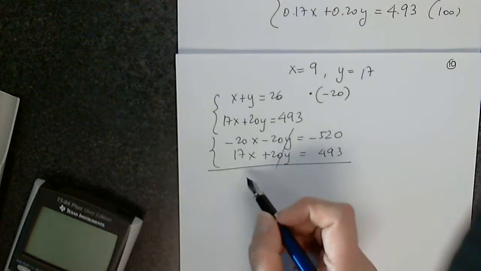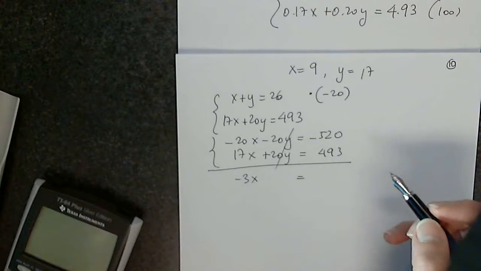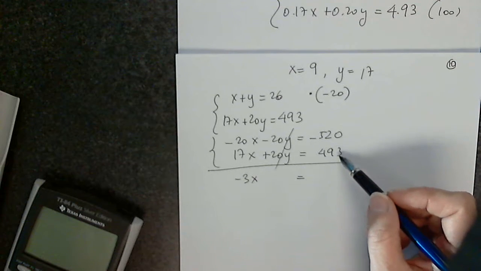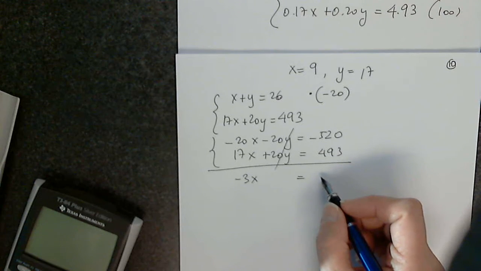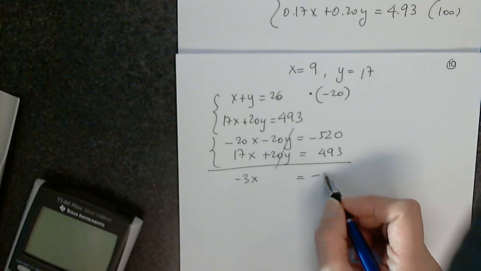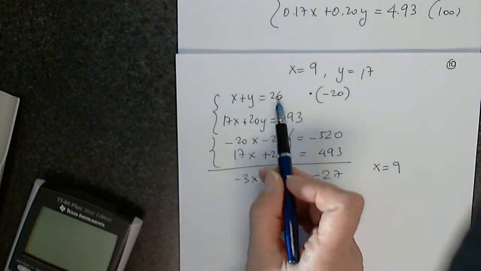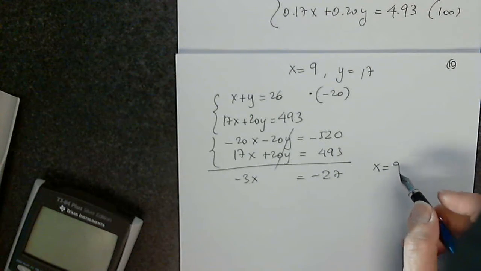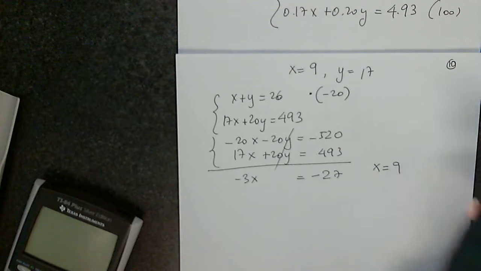I eliminate y. Negative 20x plus 17x is negative 3x equals, and here I have, is it 33? Negative 27. Thank you. So then x equals 9 indeed. And then 26 minus 9 is 17.